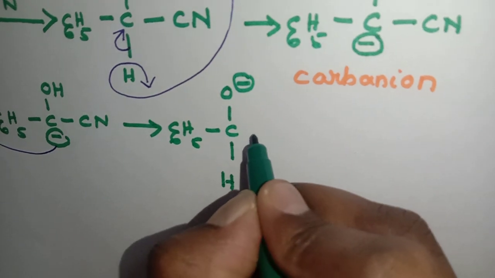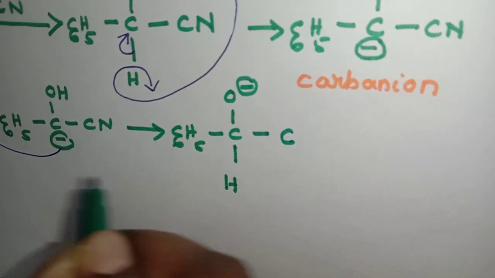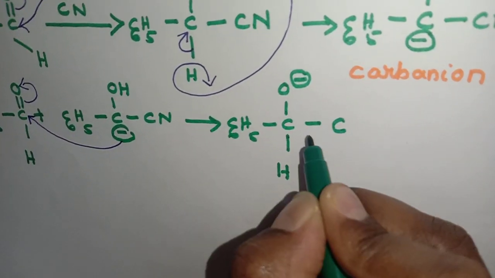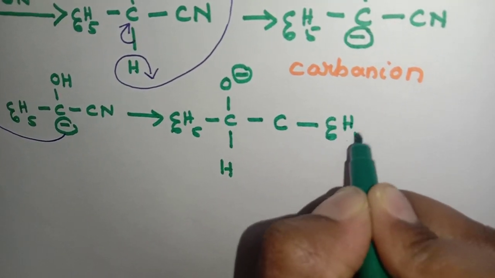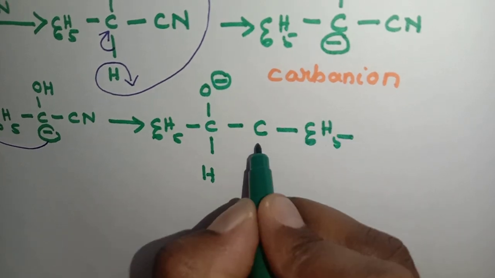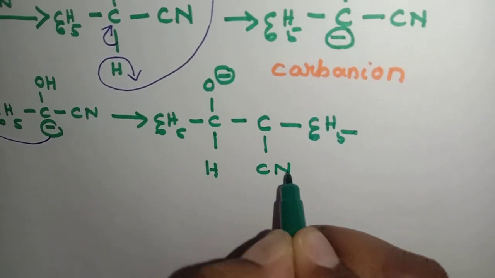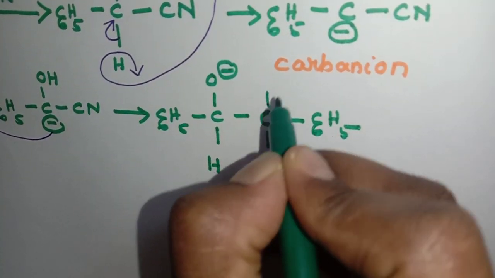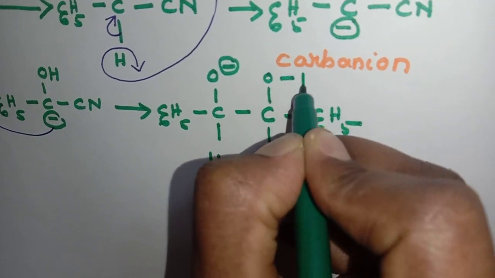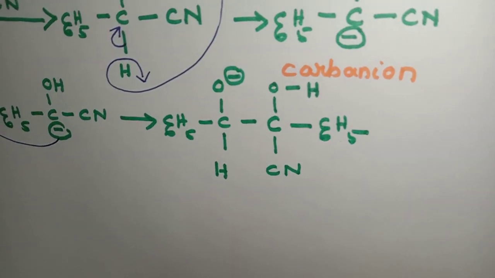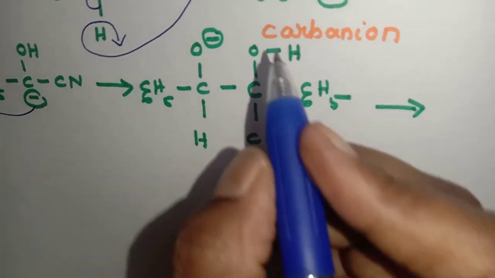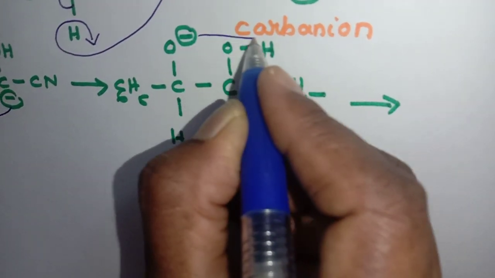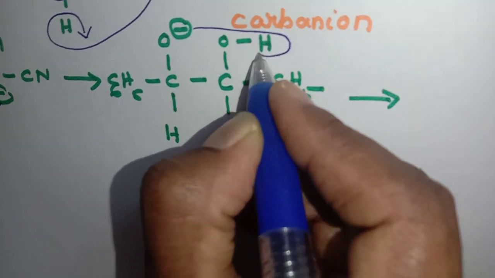Next. Here comes C. This C minus comes here now. So bond C, C6H5. Okay. Here I am writing CN and what more is there? OH is also there. Okay. OH you write like this. Fine. Because I want to show you that this O minus attracts H plus.